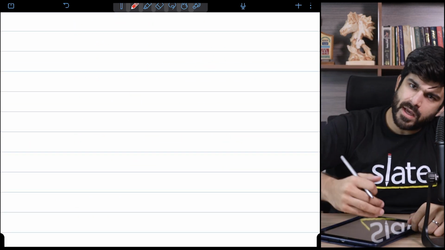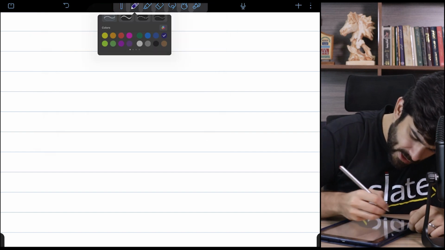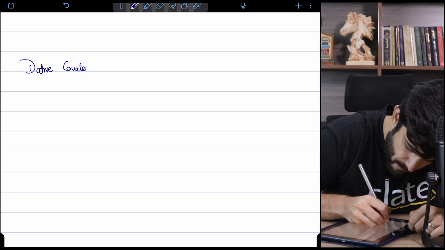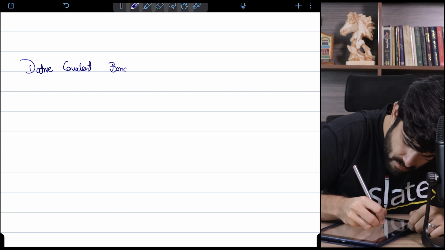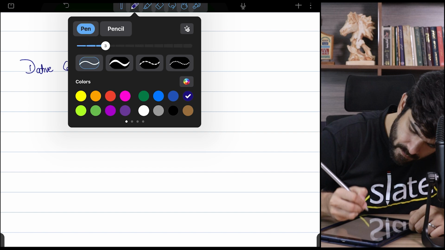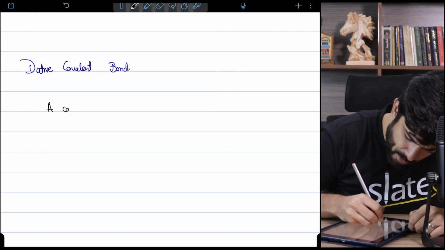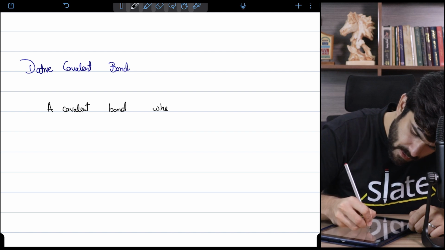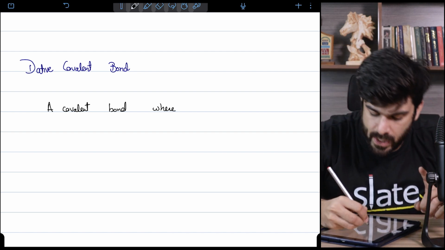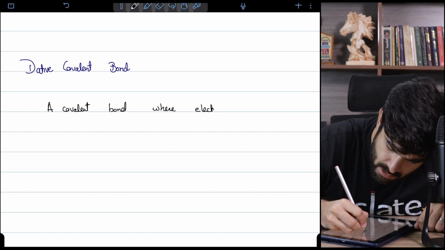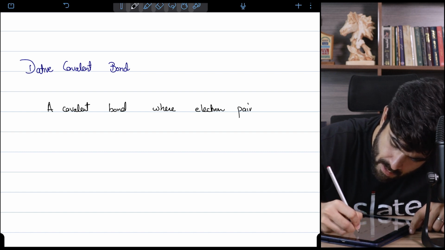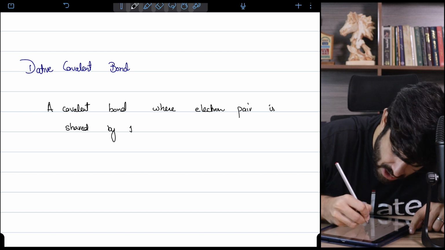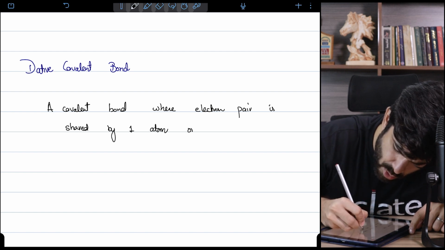So from here, we will talk about dative covalent bond. This is a covalent bond where the electron pair is shared by one atom only.